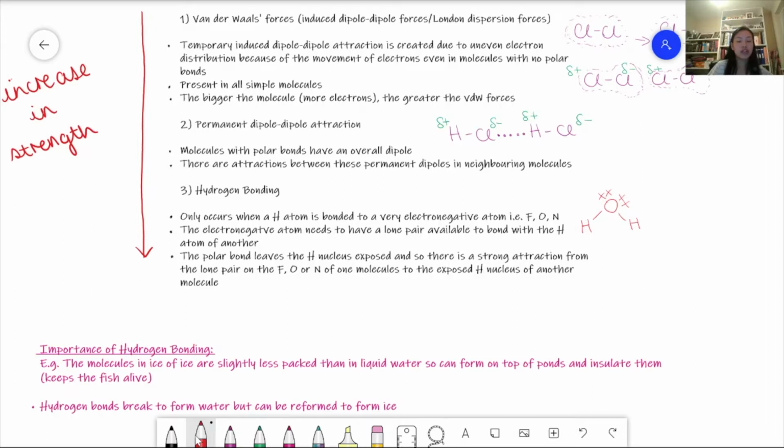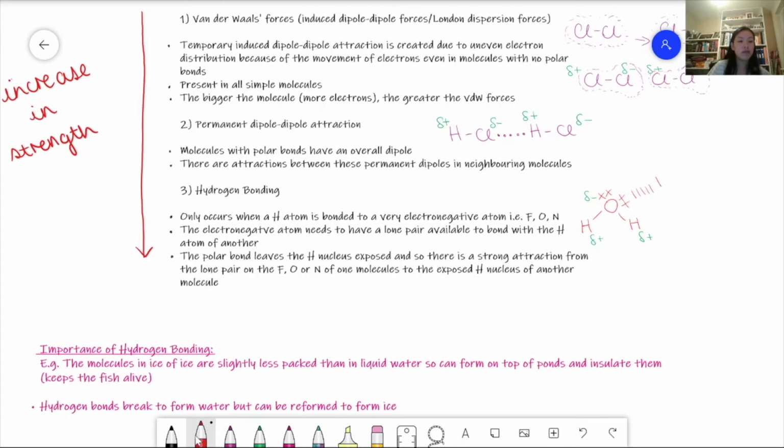The oxygen will be partially negative, and these two will be partially positive. And then these will actually form bonds with the hydrogen of another water because this is a lone pair.